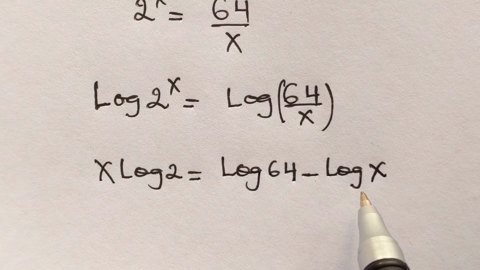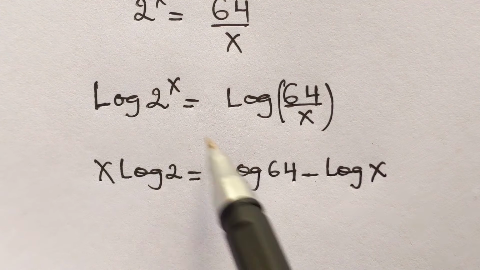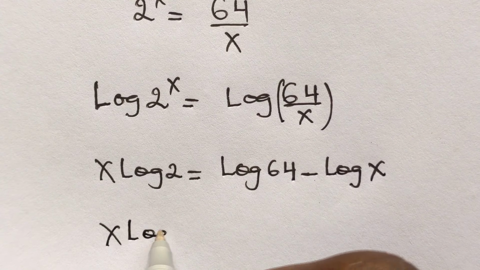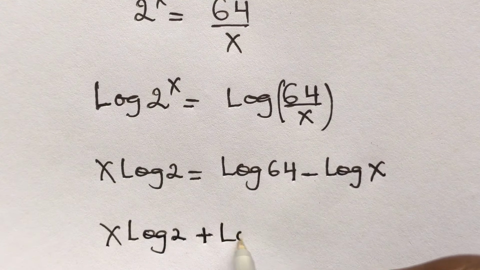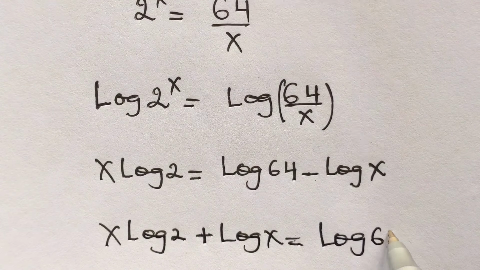And then we can change the position of the negative log x across the equal sign to get x log 2 plus log x equals log 64.